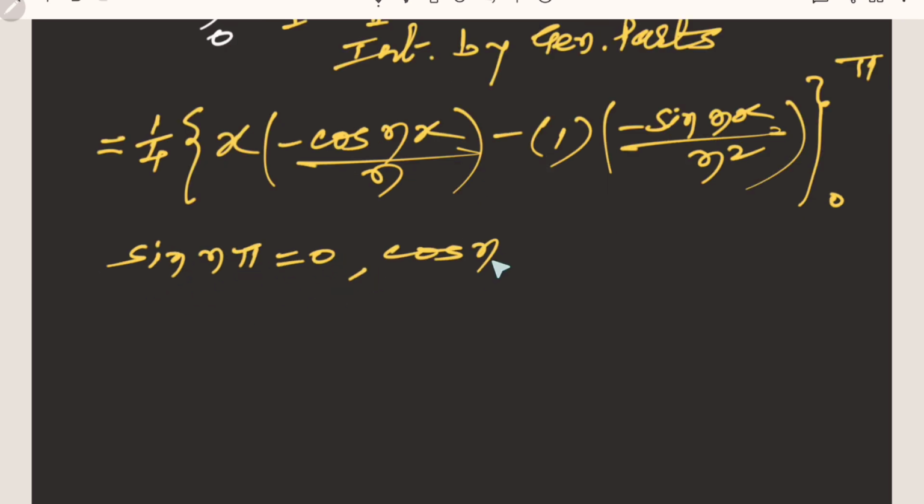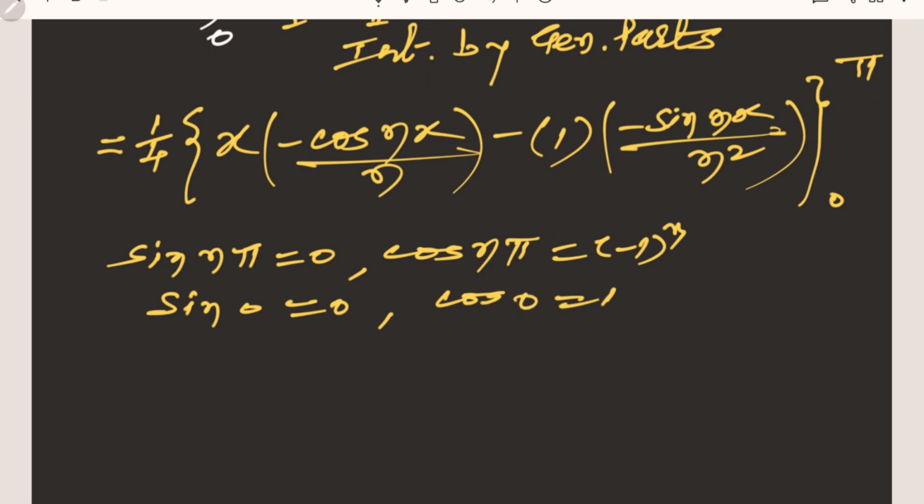Again those same four values, sin nπ is 0, cos nπ is (-1)^n, sin 0 is 0, and cos 0 is 1. I am giving these values as a supporting statement.